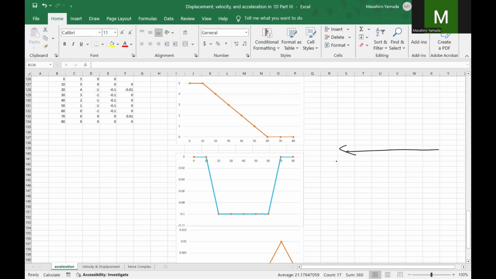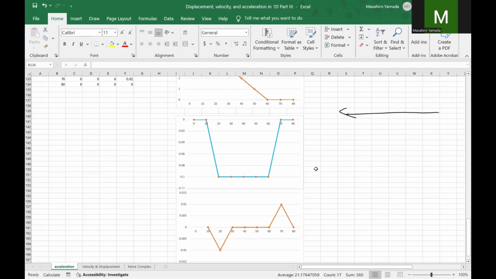But again, it has nothing to do with speeding up or slowing down. The term speeding up or slowing down has to do with the acceleration. How do we determine whether this downward spike is speeding up and this upward spike is slowing down?